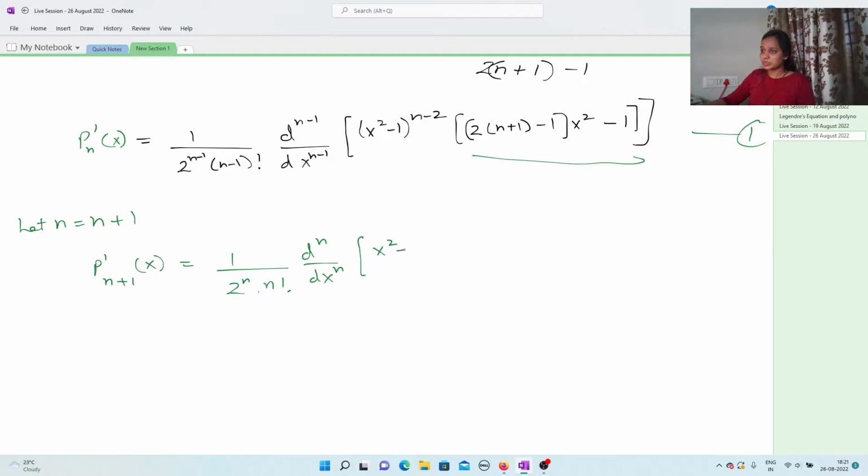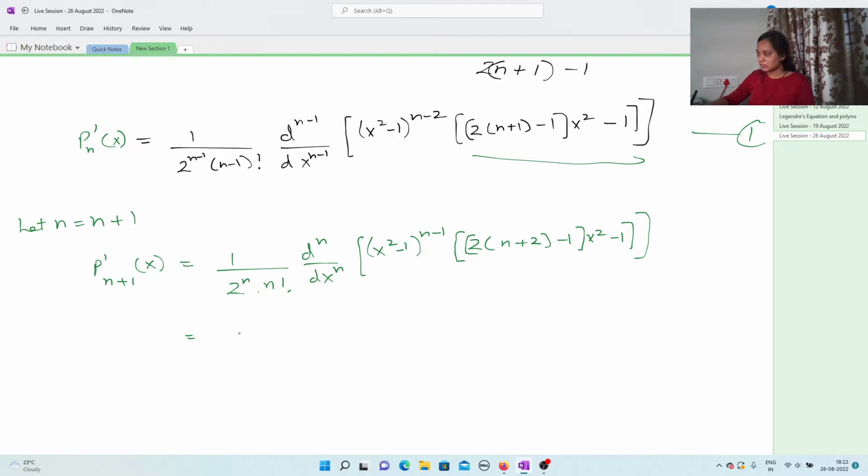This will become x square minus 1 to the power n minus 1, and what will this become? 2 into n plus 2 minus 1, x square minus 1. Right?